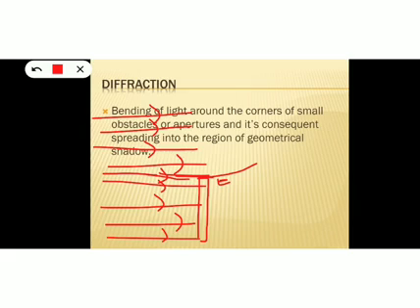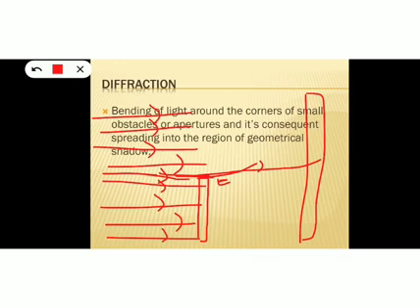The light ray passes through the sides or corners of this obstacle. If you place a screen here, we can see a bright area on the screen and also a dark area.